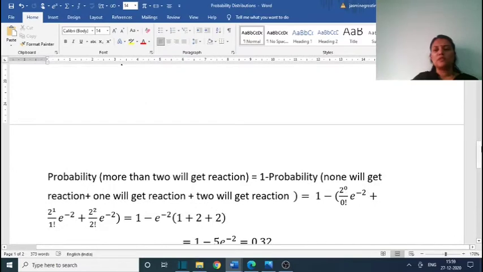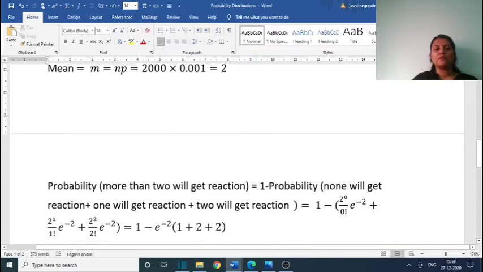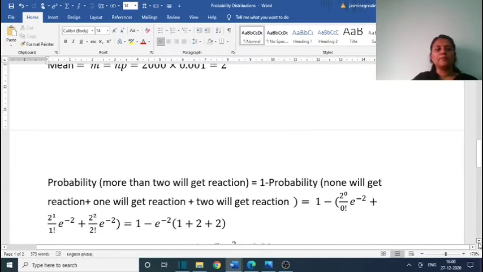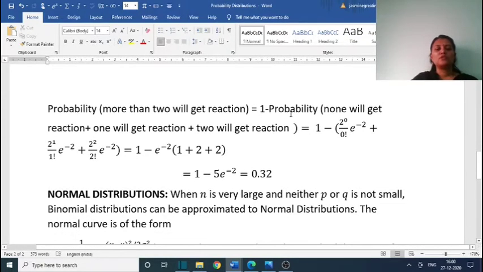So the mean is equal to np, which is 2000 into 0.001, equal to 2. This is our m. So the probability of more than 2 getting a reaction is equal to 1 minus the probability of none getting a reaction plus the probability of 1 getting a reaction plus the probability of 2 getting a reaction.